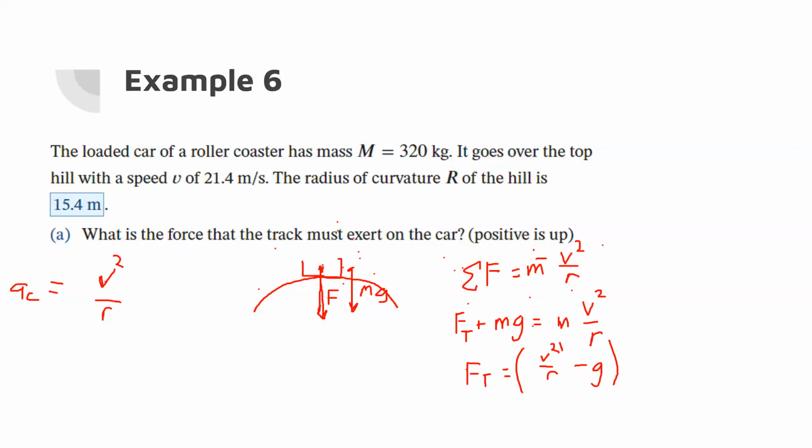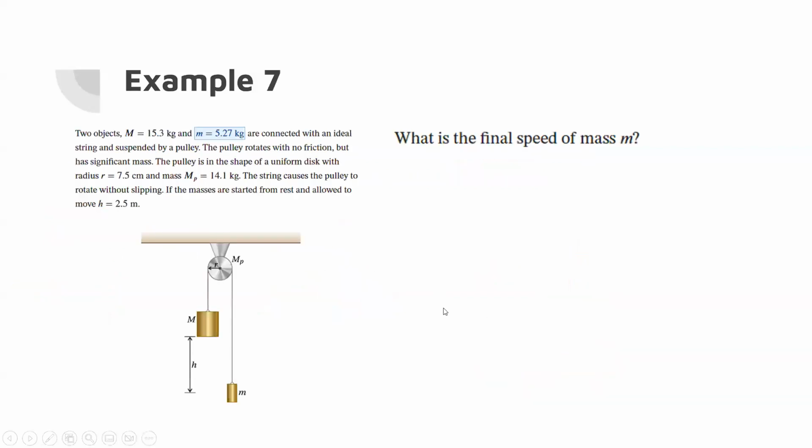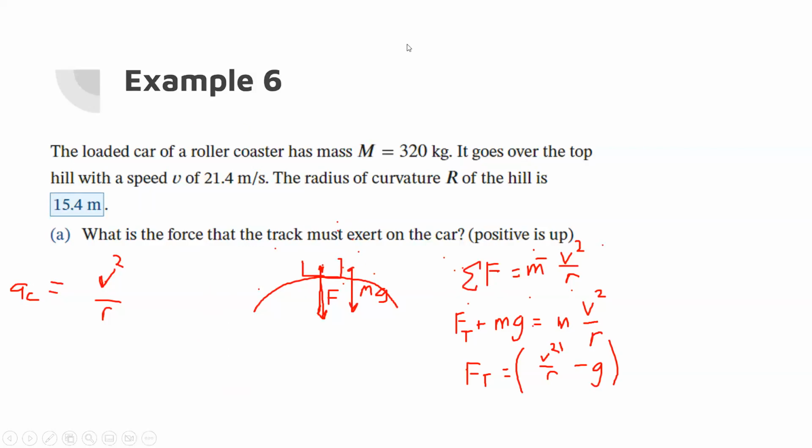Oh, it's because I messed up my signs, actually. I assumed that downward was positive when these should actually be negative. Let me fix that. Since it tells me that positive is up, these should actually be negative if I'm assuming that they are in the downward direction.